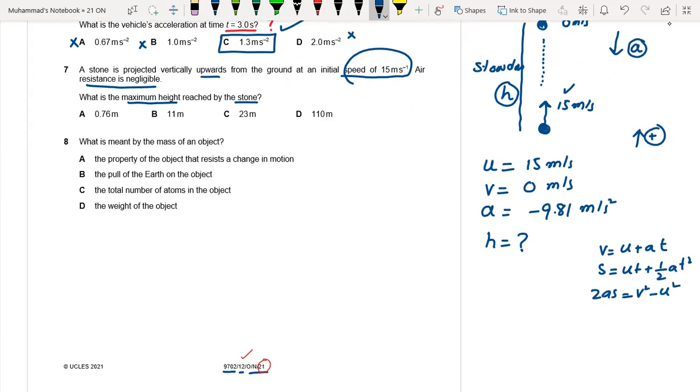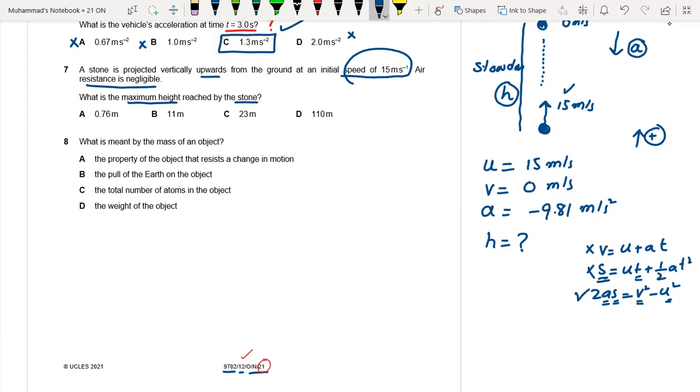These are important equations, and we have to find distance, maximum height, and we don't have time for this motion. So which equation will we use? The first equation doesn't give displacement, the second gives displacement, but we don't have time for this motion, and the third equation relates acceleration, displacement, final velocity, and initial velocity. So we will use this equation for this question.